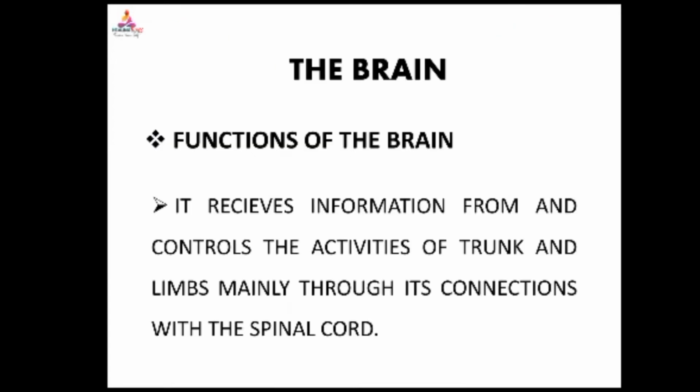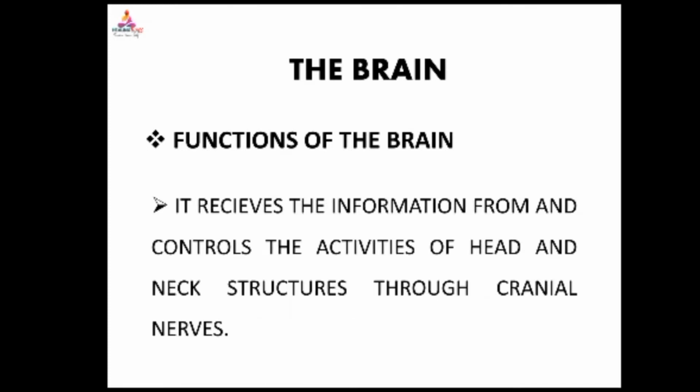And the function of the brain: it receives information from and controls the activities of the trunk and limbs, mainly through its connections with the spinal cord. Next, it receives information from and controls the activities of head and neck structures through cranial nerves.